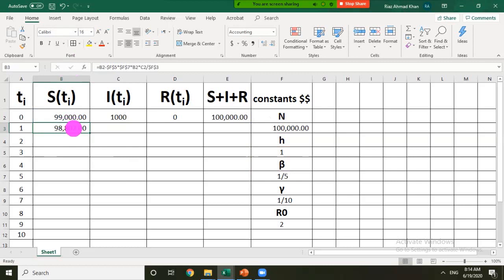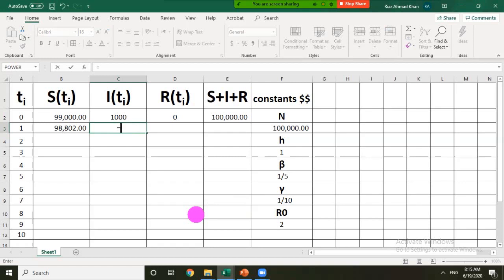So this is the susceptible population after 1 day. Initially when T is equal to 0, 99,000 people are susceptible. After 1 day, 98,802 people are susceptible. Similarly, to find the infected population after 1 day, let us repeat the same.